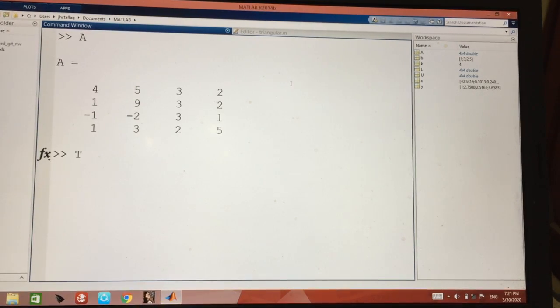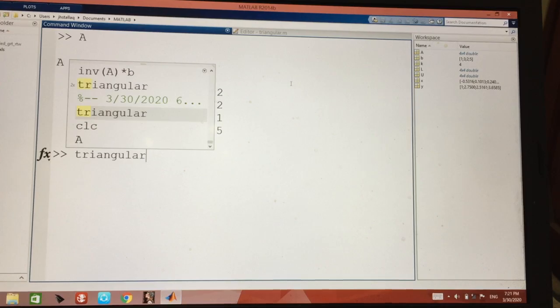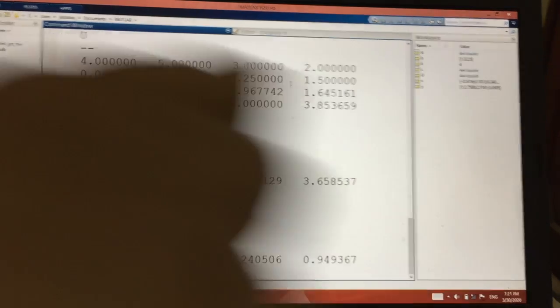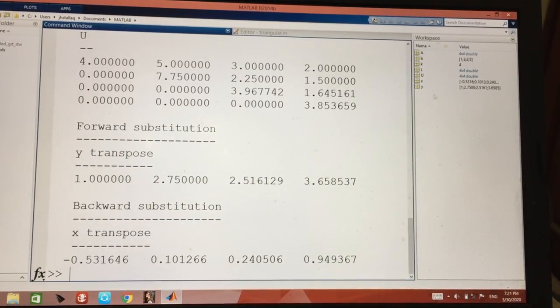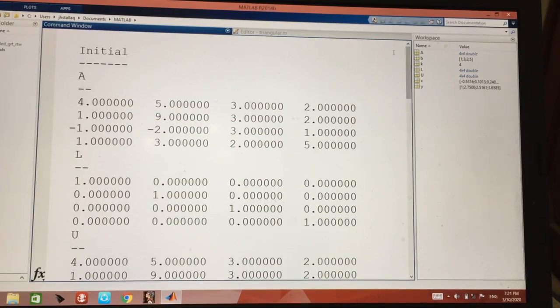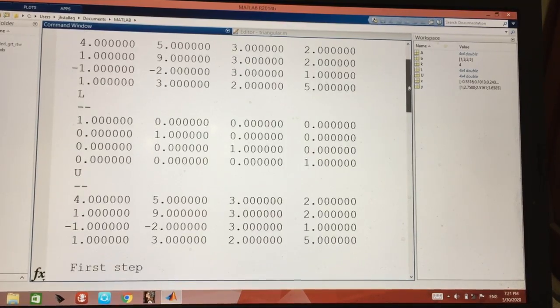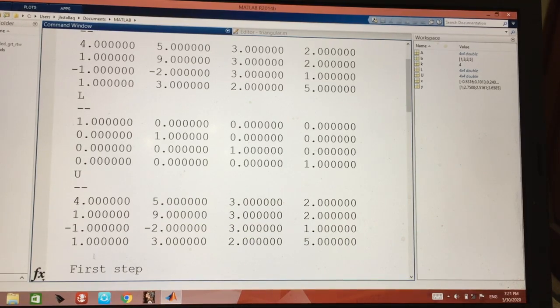Triangular, okay, this is a triangular, very good. You see it there. The first step, here we have A, matrix A, and we have L, which is an identity matrix, and U is the same as A, okay?